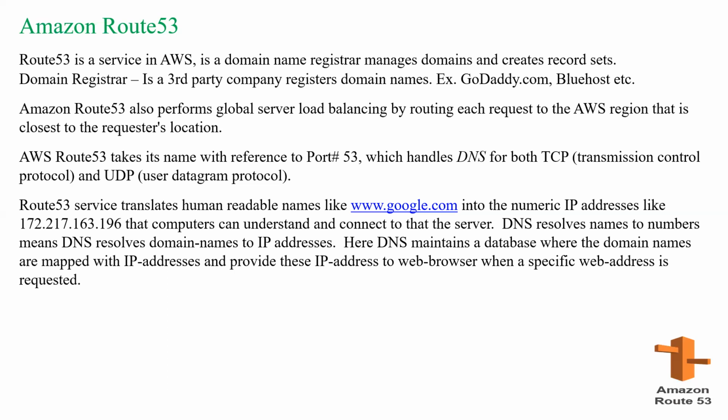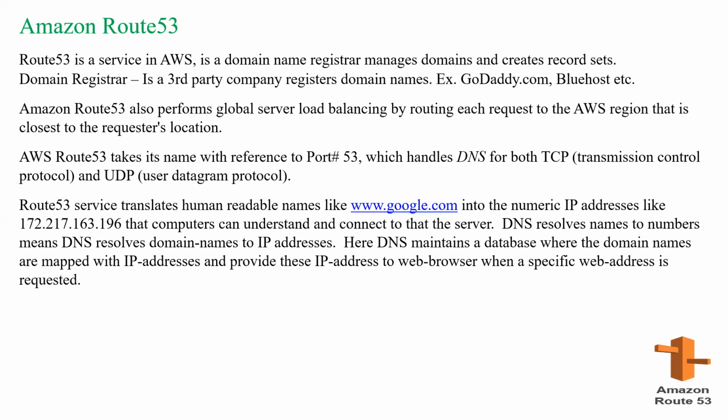So your browser will understand, oh okay, my owner is looking for google.com. So that means I will have to take my owner to the web page that is associated with the IP address 172.217.163.196. That is how your web browser will be able to understand and fetch that particular web page.